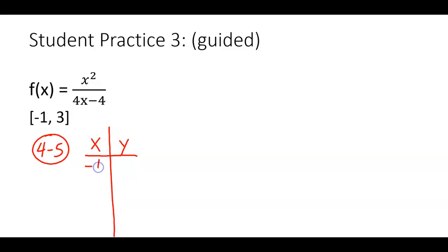So we're starting at -1, we're ending at 3, and I had two critical values, both of which are on that interval. And then I'm going to go ahead and plug them into the original function now.